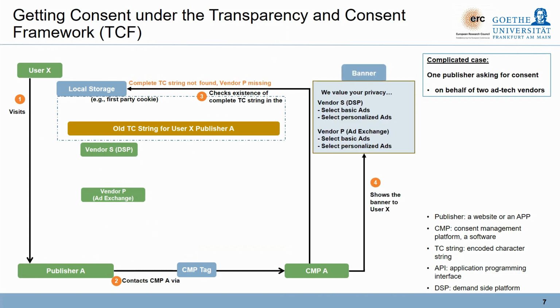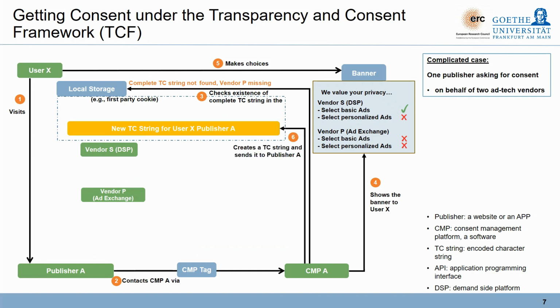Therefore, CMPA shows a new cookie banner to user X with purposes for Vendor S and Vendor P. Assume that user X ticks yes for basic ad selection for Vendor S only, and no for the remaining purposes. CMPA encodes the consent information into a new TC string. Publisher A, Vendor S, and Vendor P can all decode it and interpret the string.